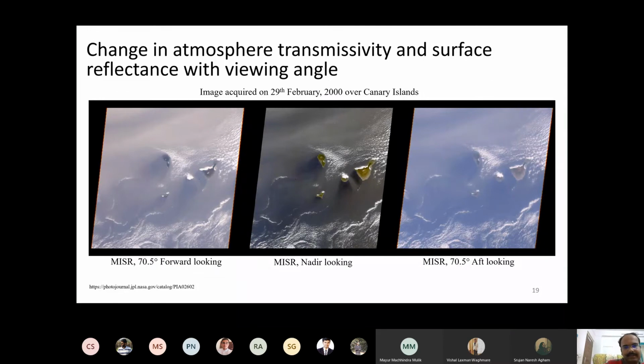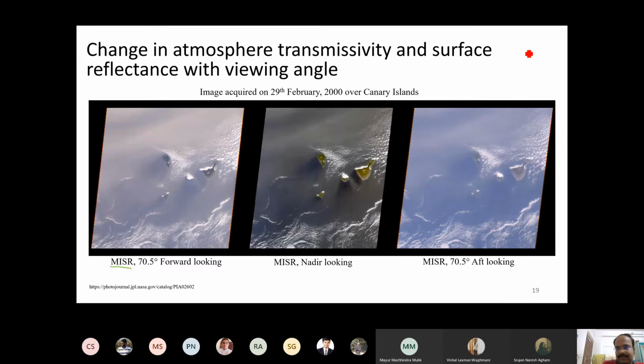First is the same area imaged by the same sensor at almost the same time, within about 10-15 minutes, but at different view angles. This is by a sensor called MISR, the Multi-angle Imaging SpectroRadiometer. Here the sensor is looking 70.5 degrees forward.